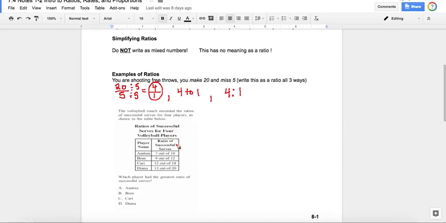Okay, now, the volleyball coach recorded the ratios of successful serves for 4 players, as shown in the table below. Andrea had 7 out of 10, Bren had 9 out of 12, Carrie had 12 out of 18, and Diana had 13 out of 20. Now, there's plenty of different ways that we could do this. We could change them all to decimals.